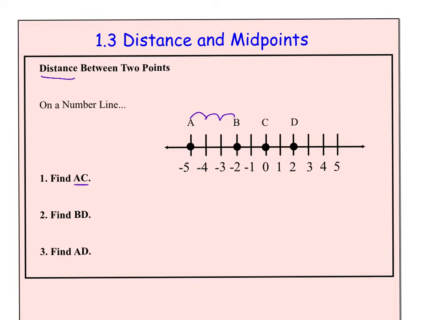When we start here, how many units is it from A to C? So that's 1, 2, 3, 4, 5. Just like that, 5 units. Not bad at all. So from B to D, I start here at B, 1, 2, 3, 4.